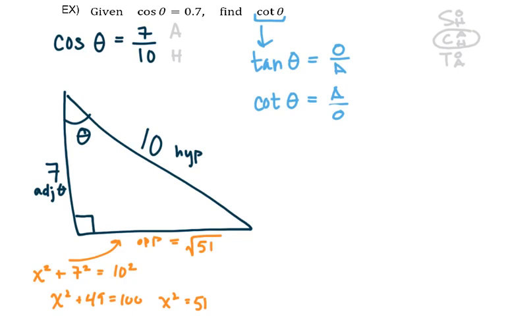Now, algebraically, when we use that square root to solve, we're supposed to write plus or minus, but this is a side length. It's not a negative measure, so it's always going to be that positive value.